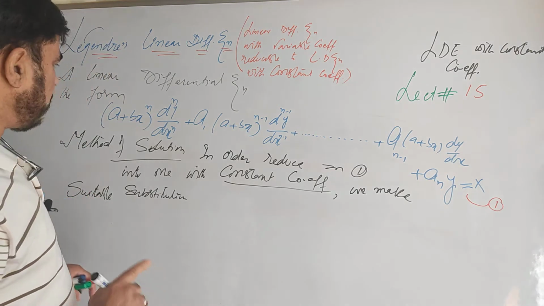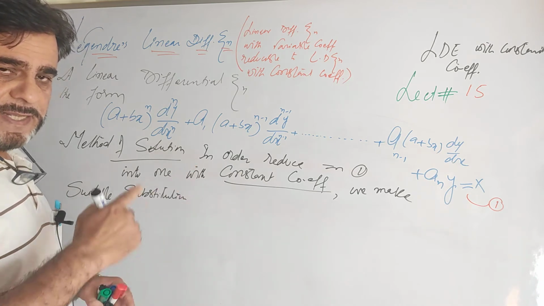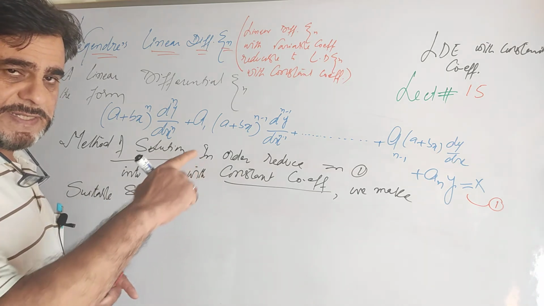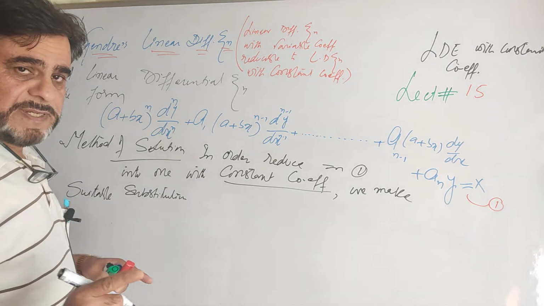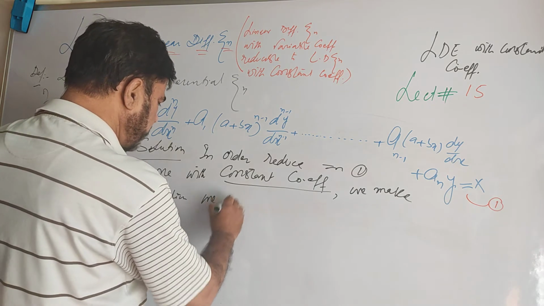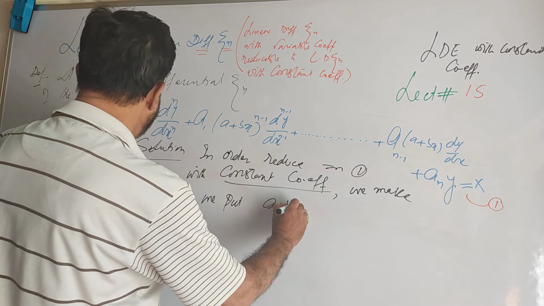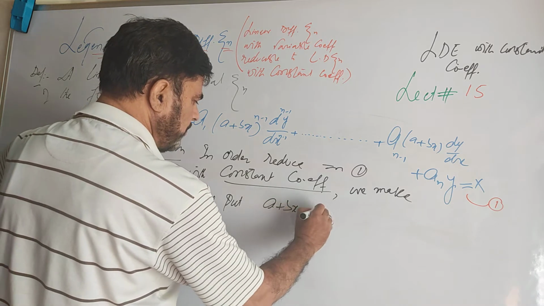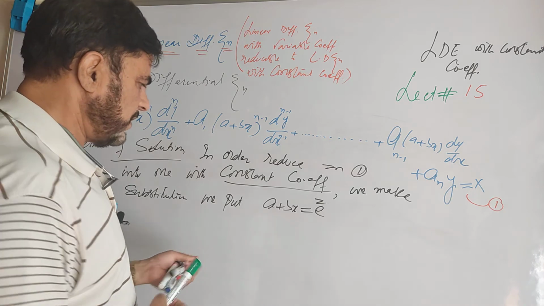Powers of x were running there, first x raised to power n, d^n y by dx^n, then plus x raised to power n minus 1, d^(n-1) y by dx^(n-1), and there we put x is equal to e raised to power z. Here the linear factor is a plus bx, so we put a plus bx is equal to e raised to power z. This is the suitable substitution for this.